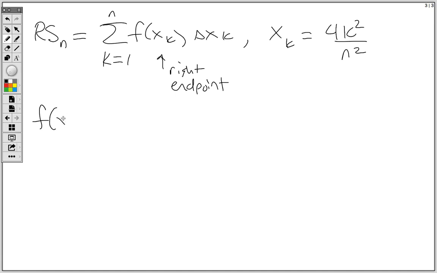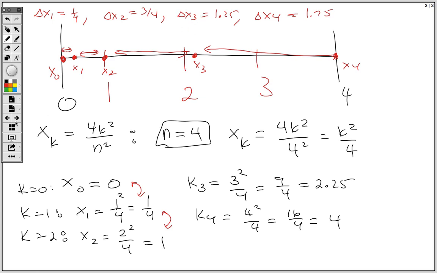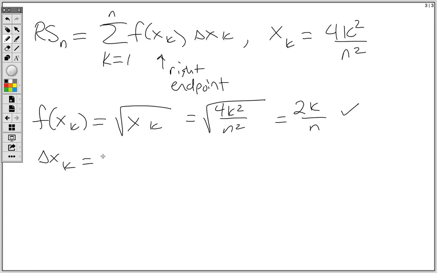So the f of x_k in this case is the square root of x_k. And if I take the square root of 4k squared over n squared, that's 2k over n. So that's nice. But the delta x_k, well, that's going to be trickier because it's going to depend on the k. So what is delta x_k?